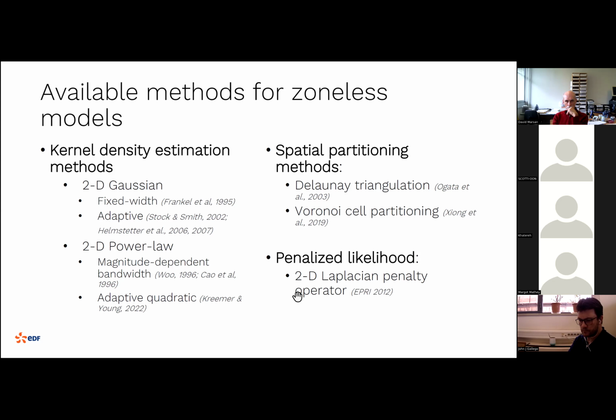You can use, for example, the Laplacian penalty operator proposed in the EPRI report to force the smoothing of the seismicity rates over your grid.